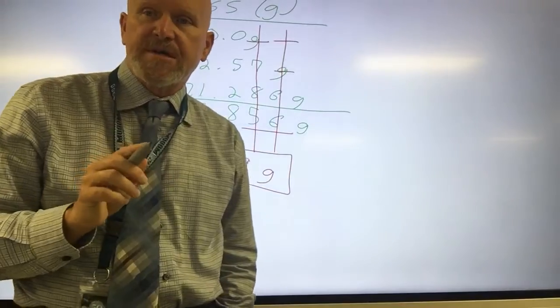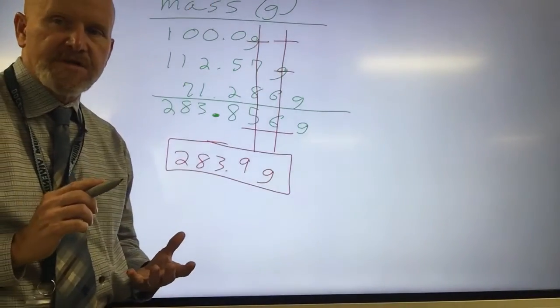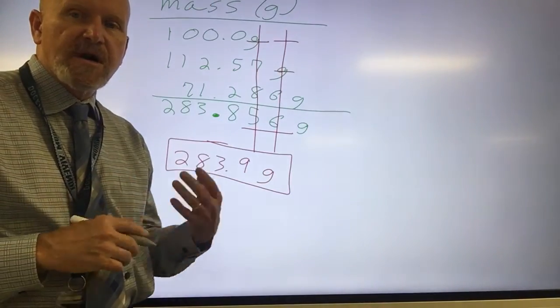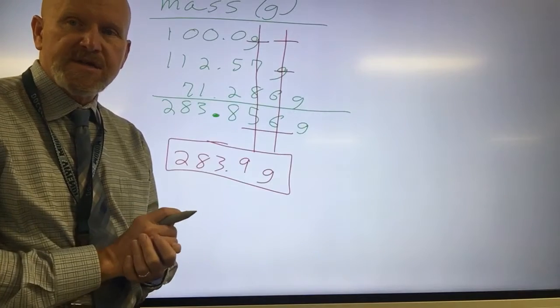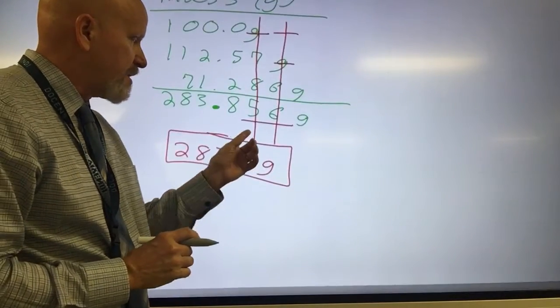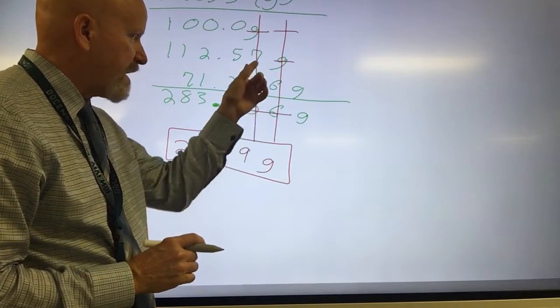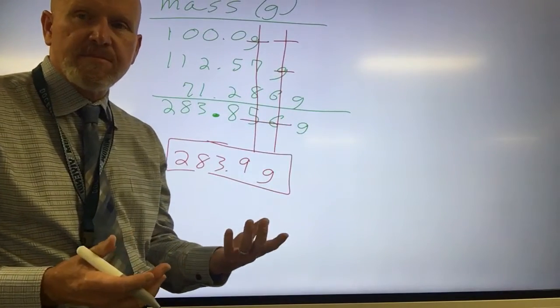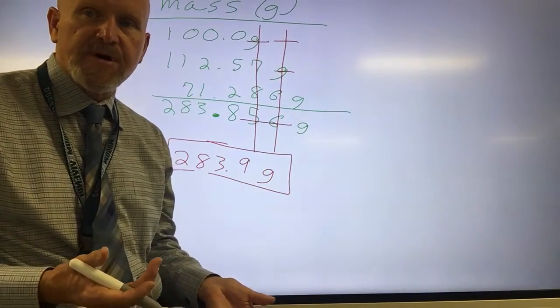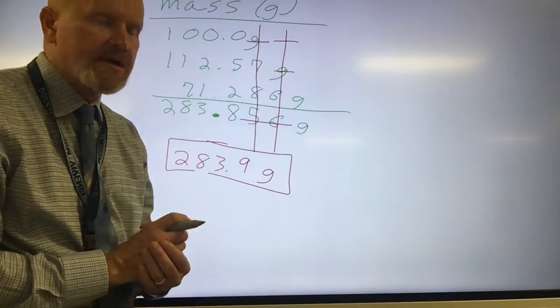So the rules are different if it's multiplication and division versus addition and subtraction. When it's addition and subtraction, it's all about which one of these columns do I have some doubt as to what the number is, so enough doubt that I can't really take it.